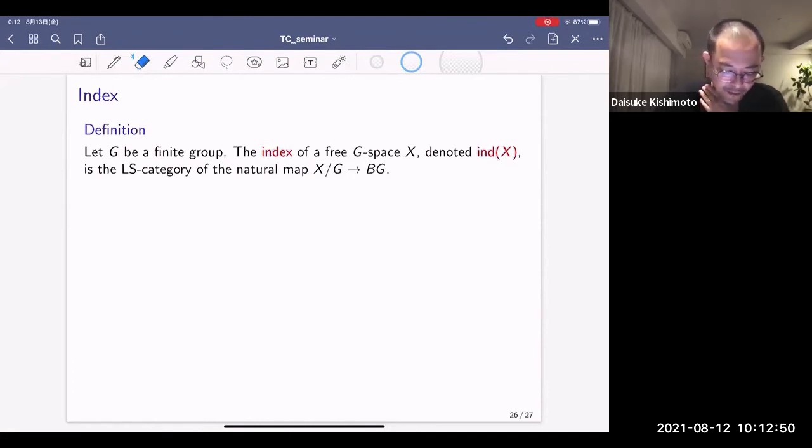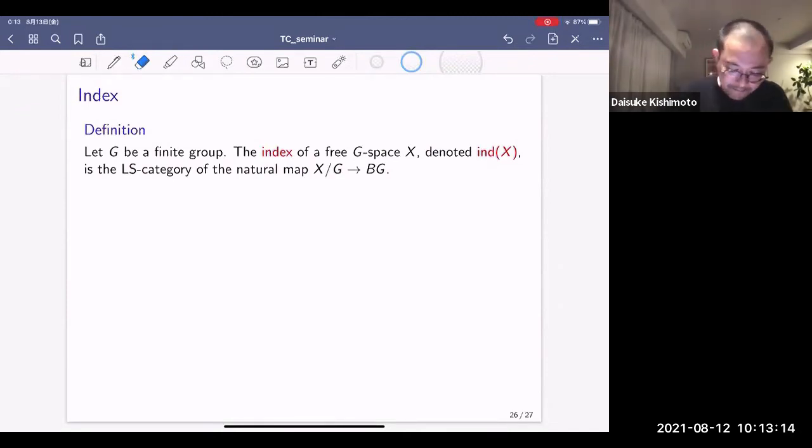Okay, so let's recall the definition of the index. Let G be a finite group. Then the index of a free G-space X, denoted ind, is the LS category of the natural map from X mod G into BG. A natural map means the classifying map.